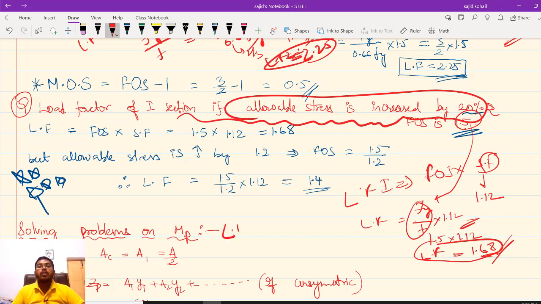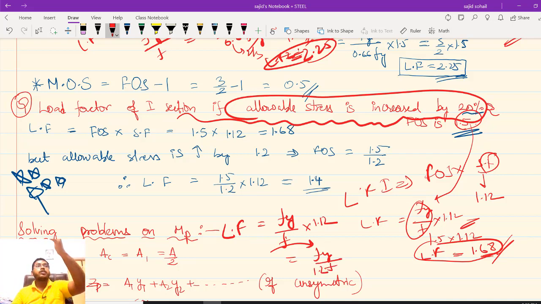He is asking what is the load factor when my allowable stress is increased. So what is my formula for load factor? Fy by F into 1.12. He is saying this stress, I am increasing it by 20%. So what is my answer? It was Fy by F, यहाँ पे क्या आ जाएगा? Into 1.2, because I am increasing it by 20%. तो क्या हो जाएगा?